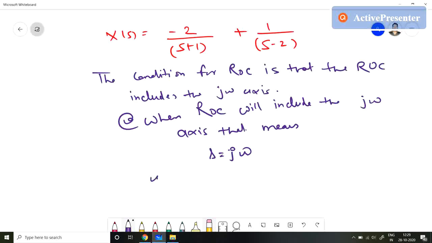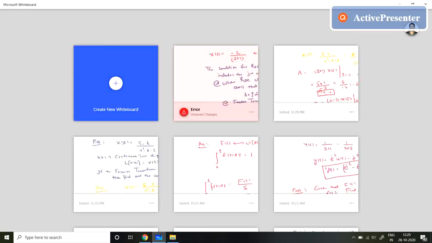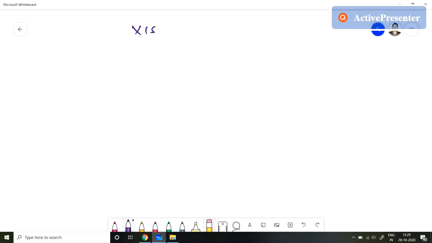So it means that the Fourier transform exists, because only when the Laplace transform's ROC includes the j omega axis will the Fourier transform exist. Now let us discuss the various cases.